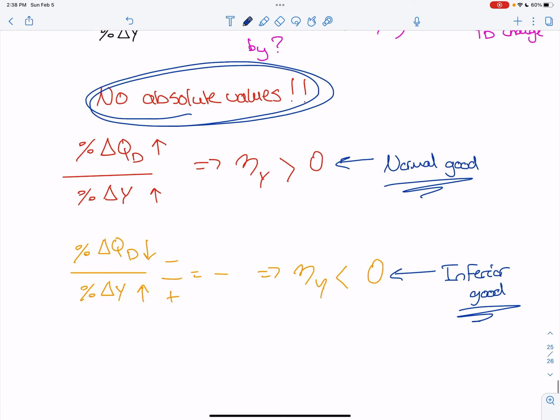And the last thing I'll talk about is, of course, how to actually calculate this percentage change, and it's going to look exactly the same as it did for price elasticity. So this is going to be quantity demanded 2 minus quantity demanded 1 divided by the average, right? Because we want elasticity to be the same going in either direction.